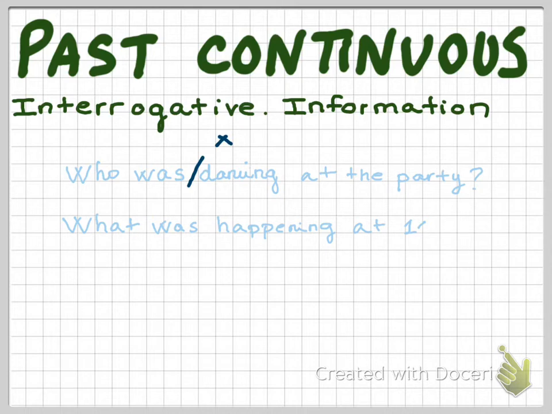The same happens for what was happening at 11 a.m., for example. What was happening yesterday morning? As we don't know what was happening and we don't have this information, we cannot include this.